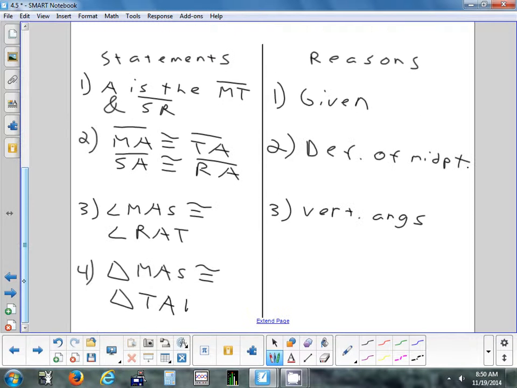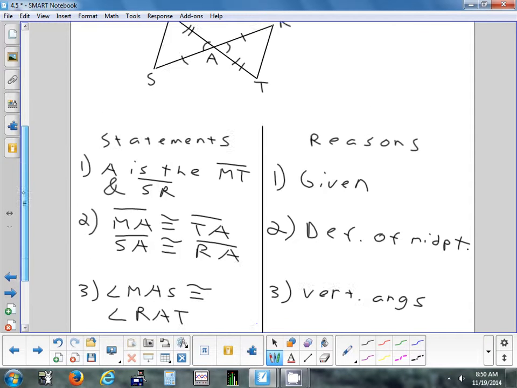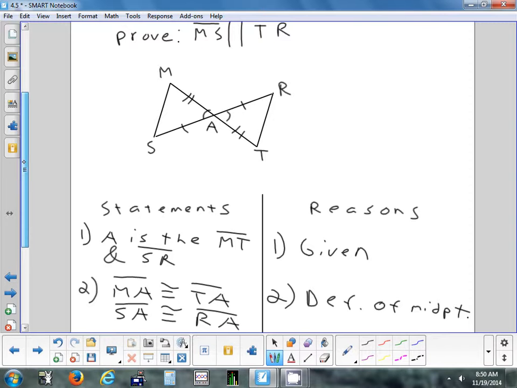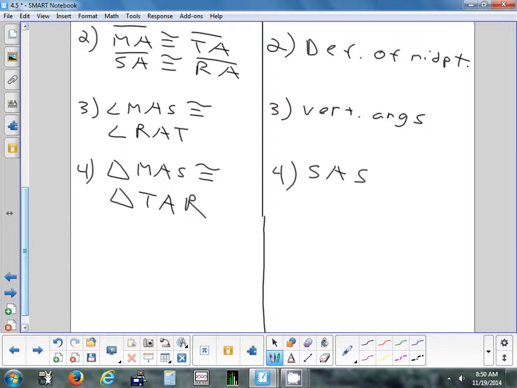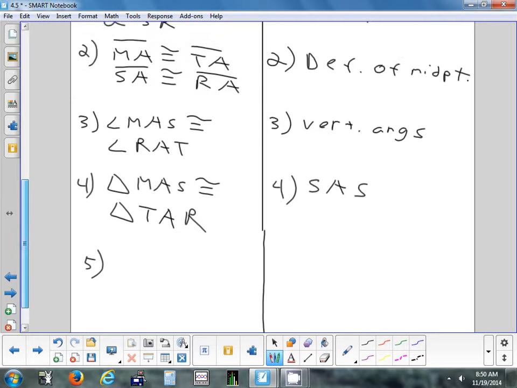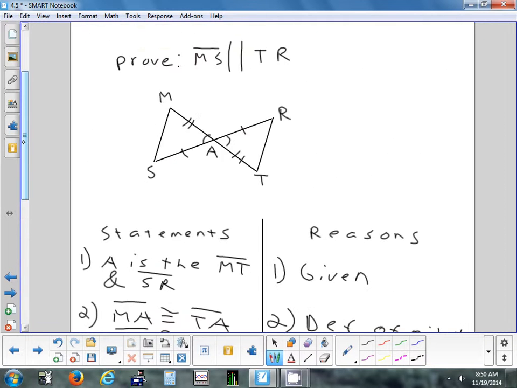That's R. So I didn't say anything when we did the angle, because technically it's okay. But in the 4th step, it wouldn't be. Now we're good. Okay, what's my reason? Side. Good, side angle side. Okay, so now we've proven that the triangles are congruent.